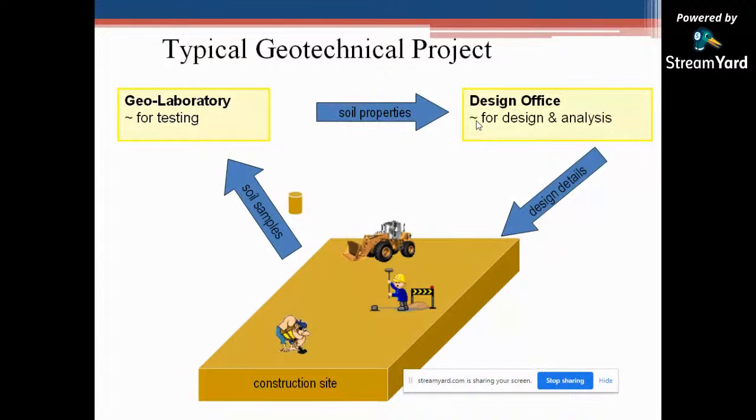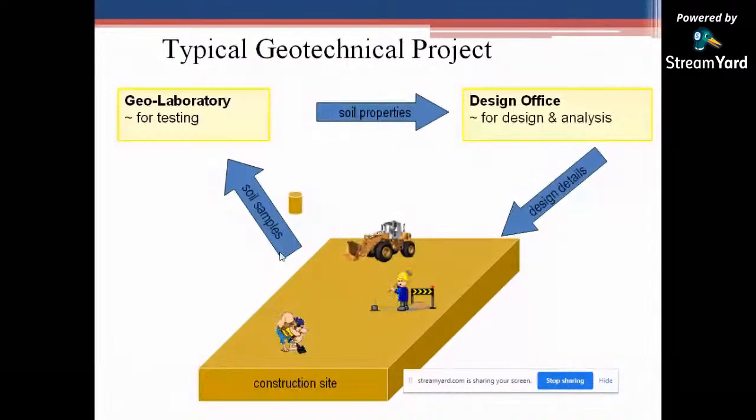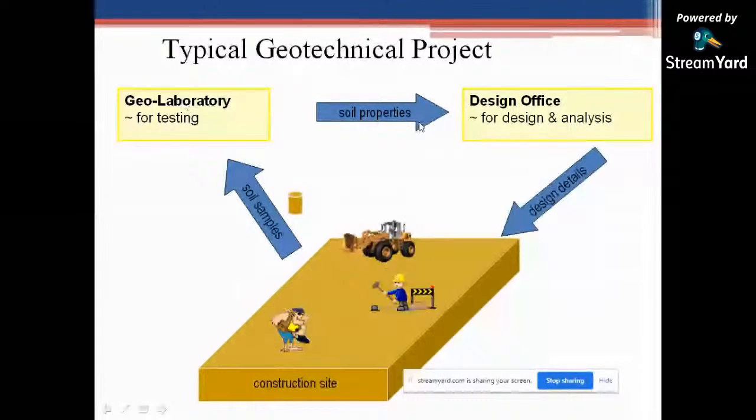Design and analysis is done, and when details of design come to the construction site, then the construction of the structure begins. So this is the construction process. First, soil to the geotechnical lab, obtaining the properties, designing it, and design is transferred to the construction site, and then the construction is done.